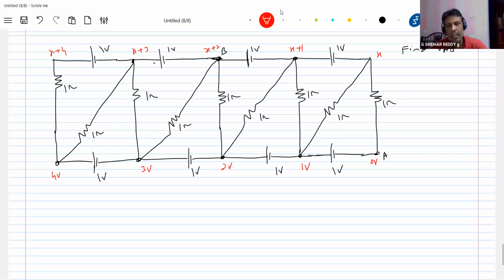Okay, finally we assume some potentials like this: x plus 1, x plus 2, x plus 3, x plus 4. Then I'm sure that current through this 1 ohm is non-zero. Maybe if I get x equal to 0, current will become 0, but at least I can ensure that the current will flow here.